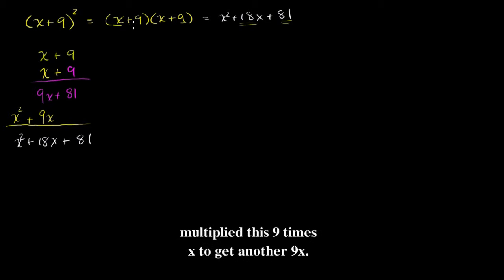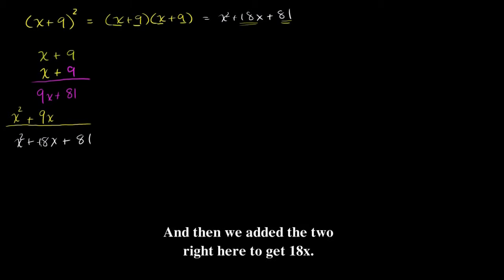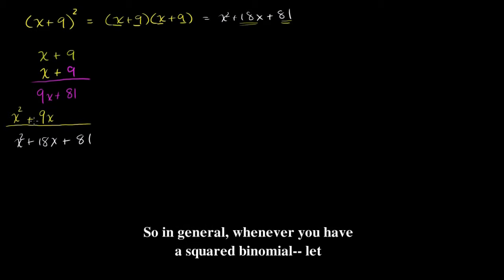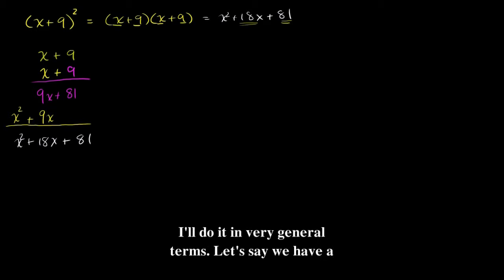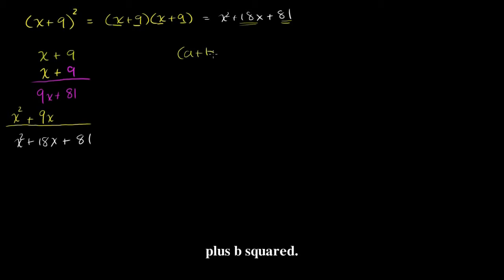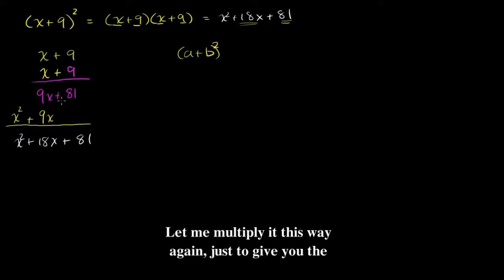And then we multiplied this 9 times x to get another 9x. And then we added the 2 right here to get 18x. So in general, whenever you have a squared binomial, I'll do it in very general terms. Let's say we have a plus b squared. Let me multiply it this way again, just to give you the hang of it.